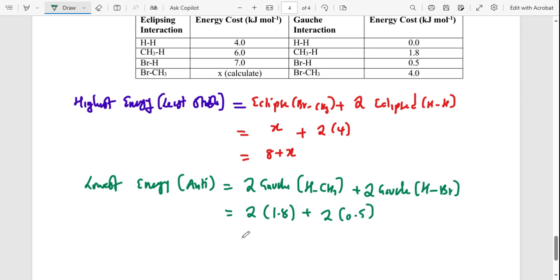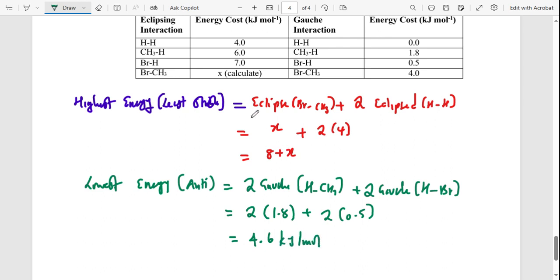Okay, and so let's multiply this. We have got 2 multiplied by 1.8 plus 2 multiplied by 0.5, and that is 4.6. Remember, this energy is in kilojoules per mole.